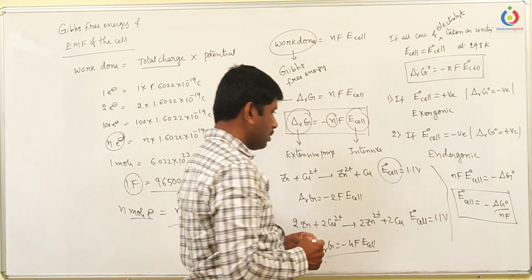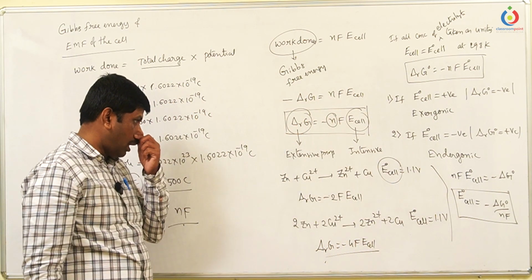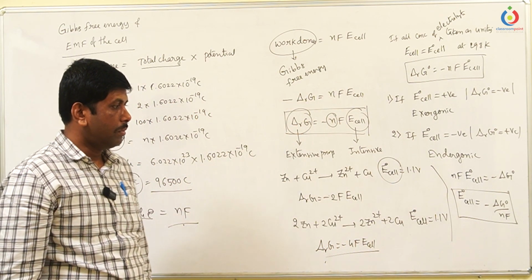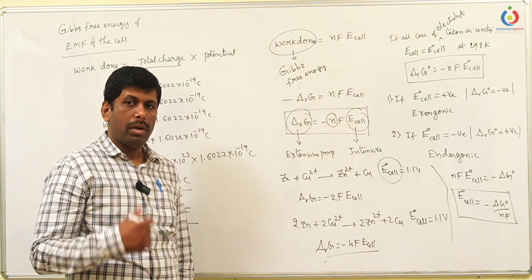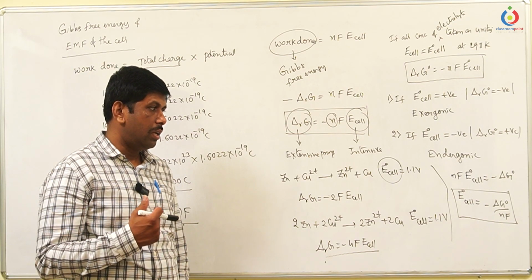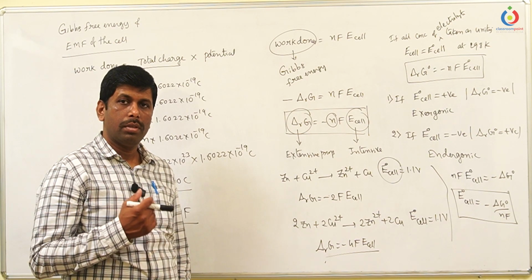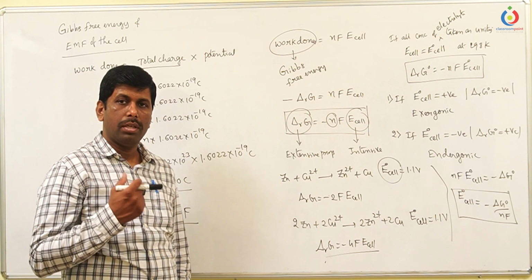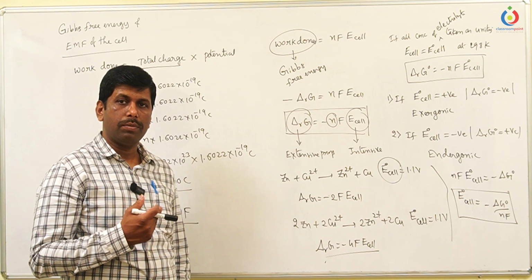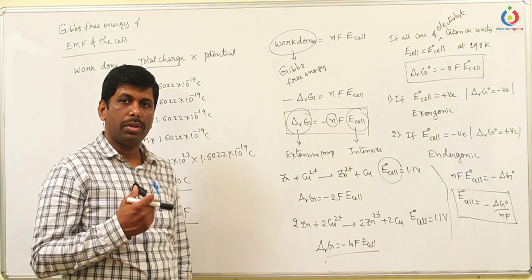So this formula also we can use. Now let us see how to relate the Gibbs free energy equations, the calculation of the relation between the standard electrode potential of the half cell for a different metal in different oxidation states.